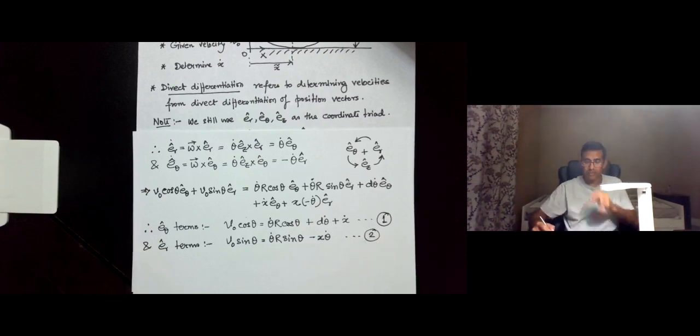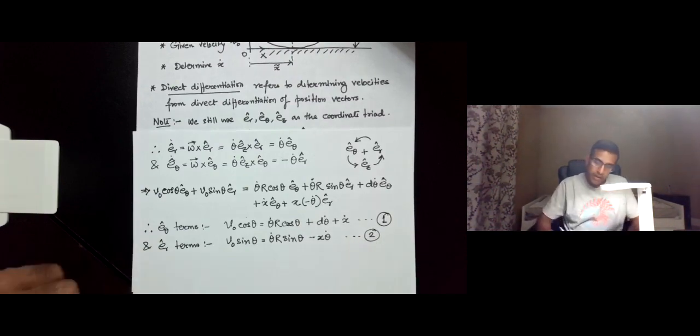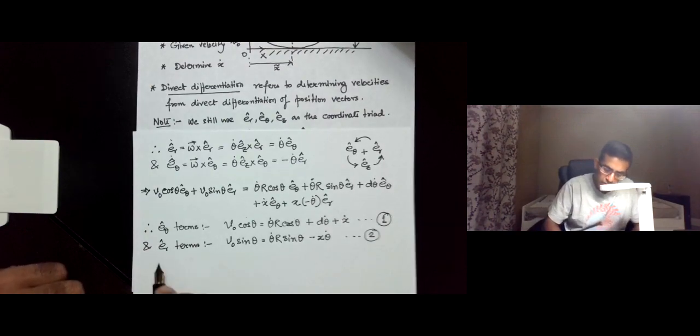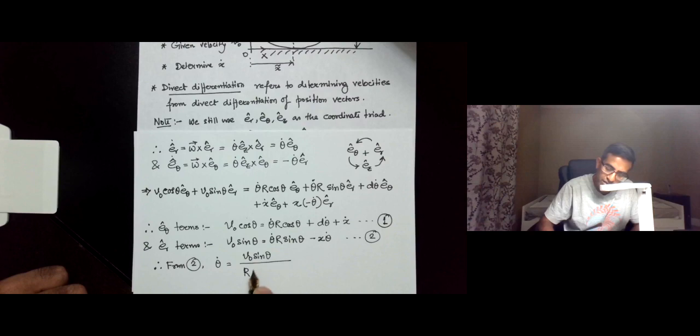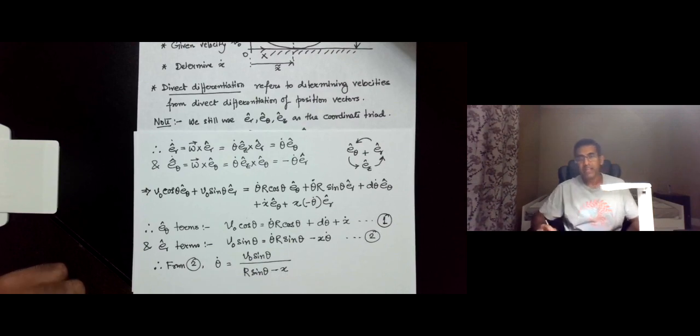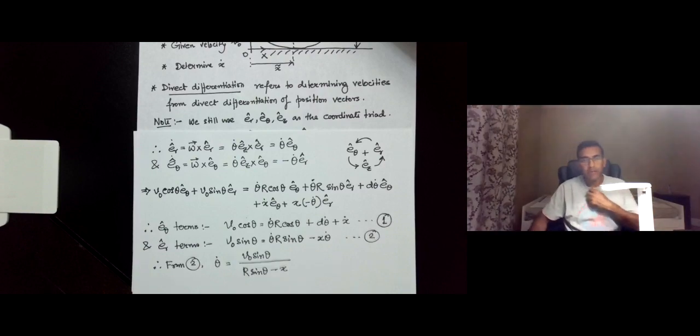So we have two equations. Now, from 2, we have theta dot is equal to V naught sine theta divided by R sine theta minus x. So we have the expression for the angular velocity.